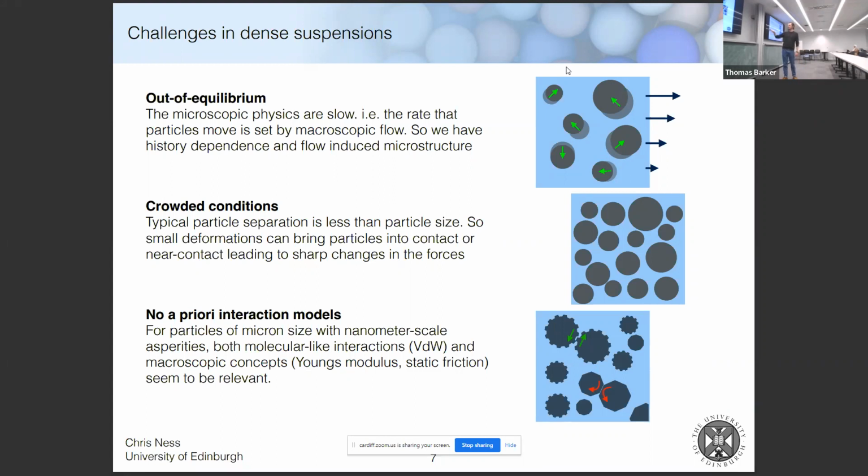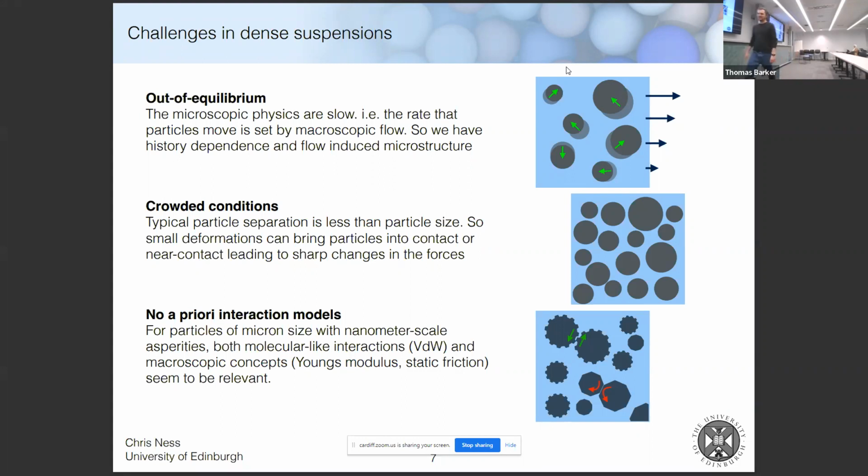And generally you find that you have tangential forces. So in the photo I showed you of the particles, you can see that they were angular. You can imagine that they would interlock or have some kind of resistance to rolling. So the interactions between them obviously have tangential components as well as normal ones, which again brings in some complexity that wouldn't be present in a molecular liquid.